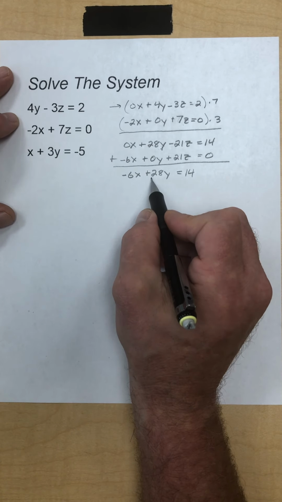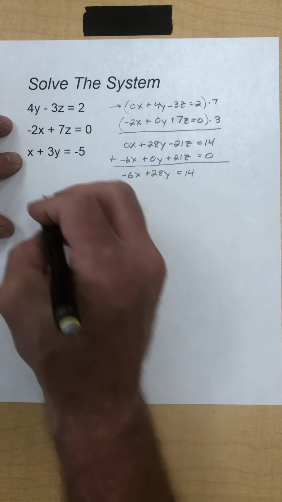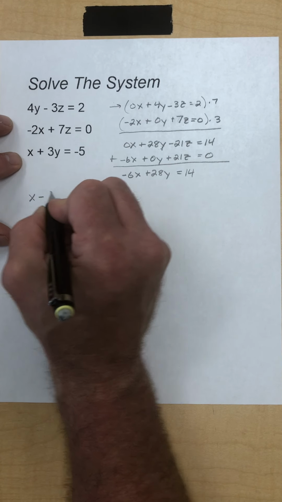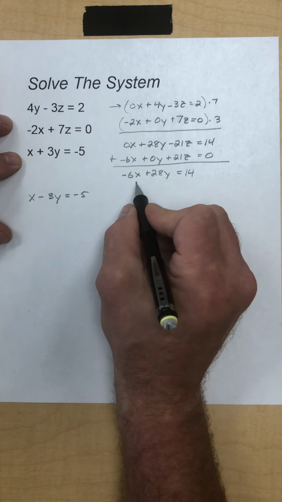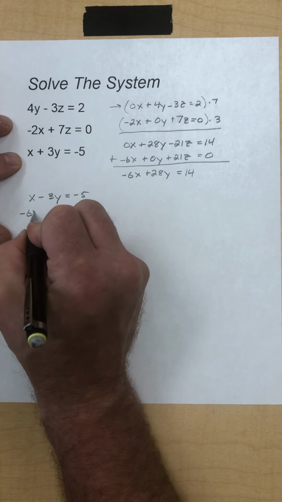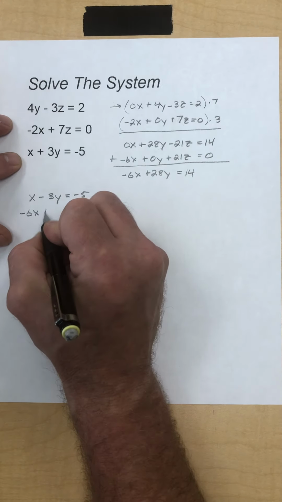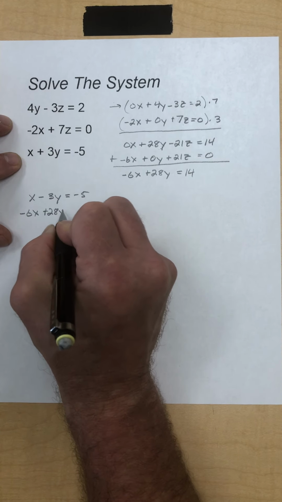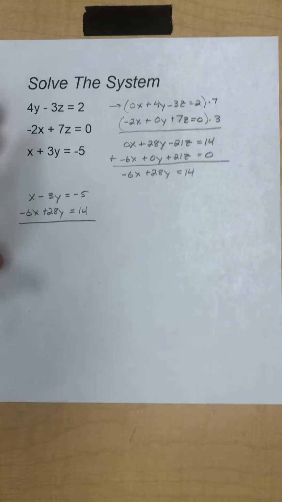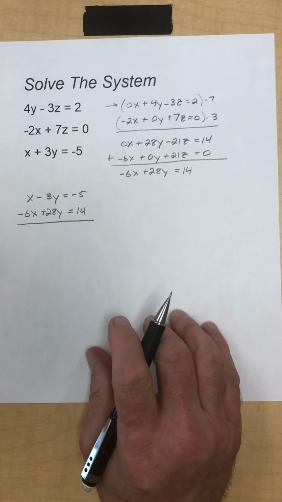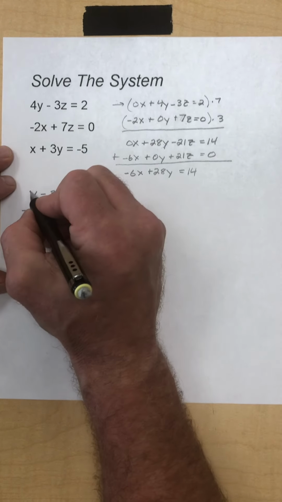So I take this guy and I group it together with this guy. Okay, so we have the x minus 3y equals negative 5. Group that together here, negative 6x plus 28y equals 14. And I look at this guy, and I think it'd be easiest to get rid of the x.